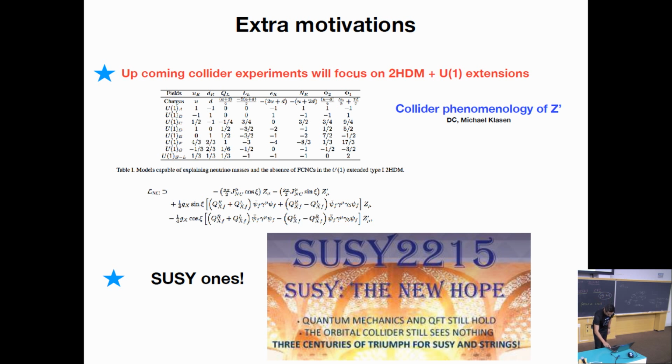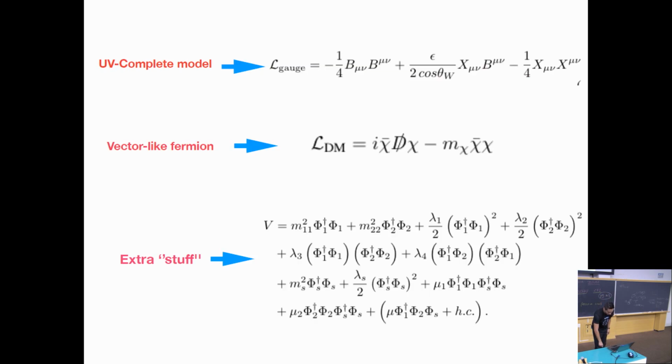So okay. When we work with UV complete models, we have to take into account some things. For example, if we include a new gauge symmetry, we will have kinetic mixing for free. But a lot of people, when they make, for example, a simplified model, just don't include that kind of effect.